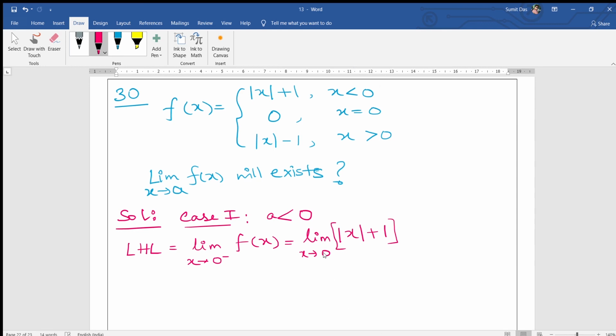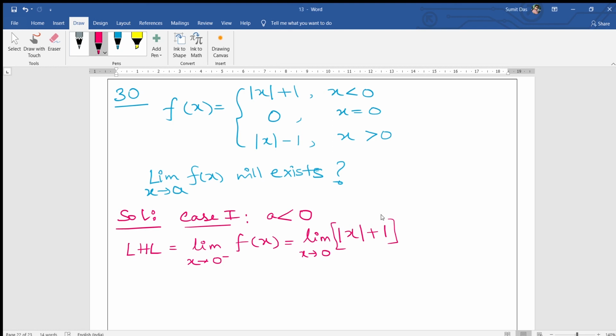Now put the value of 0. Sorry, I made one mistake, just wait a minute. It is not x tends to 0, it will be x tends to a.